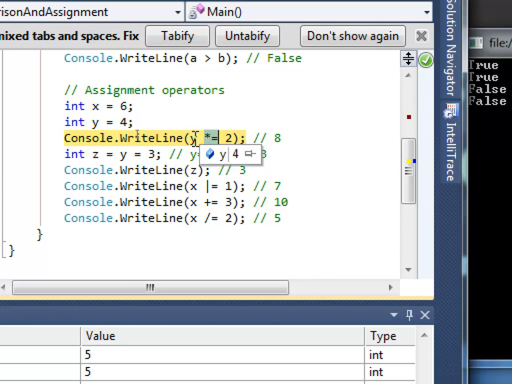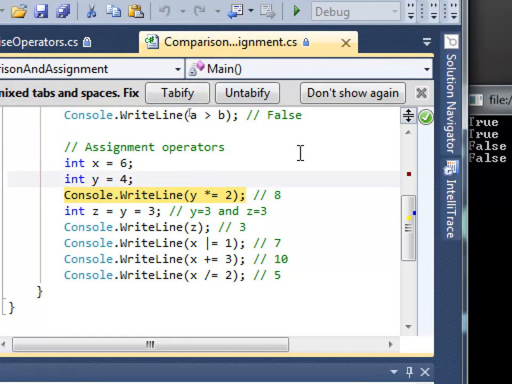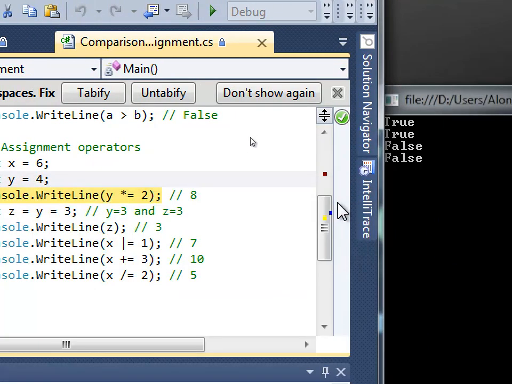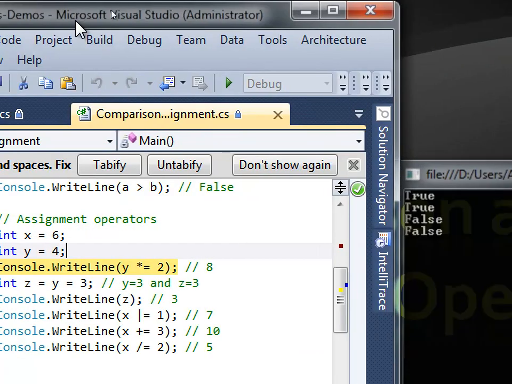For example, we have the value of y, which has been assigned 4. Let me stop the run for a second.